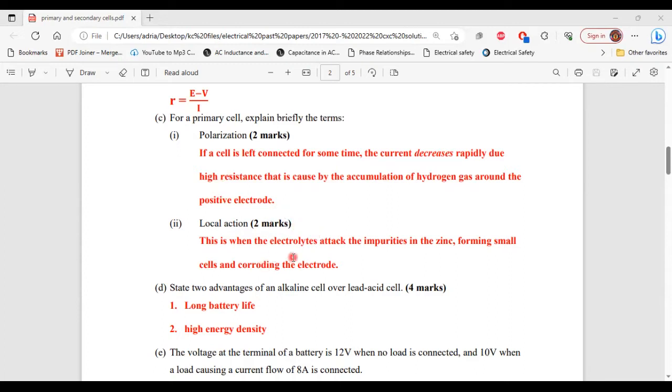So this is when the electrolyte attacks the impurities in the zinc, forming small cells and corroding the electrode. All right, so that's it for part C.